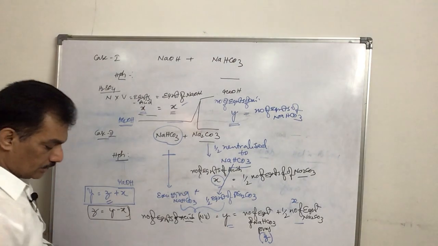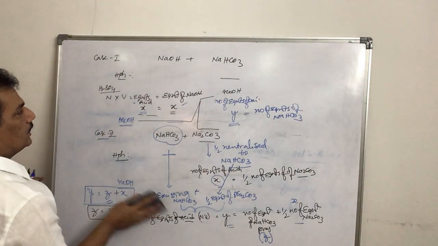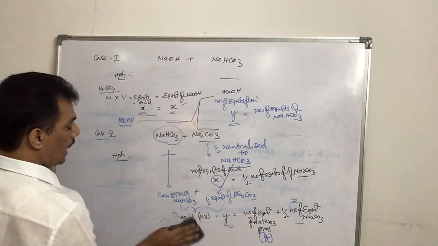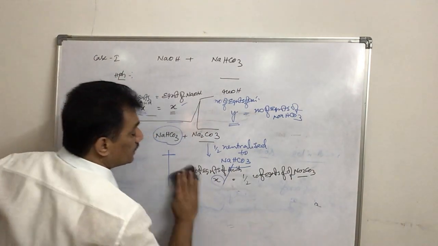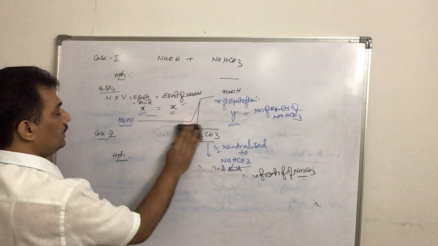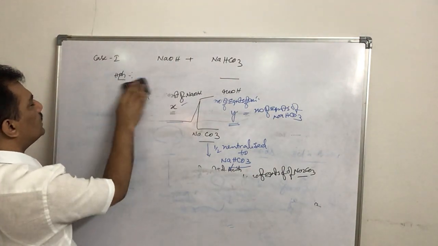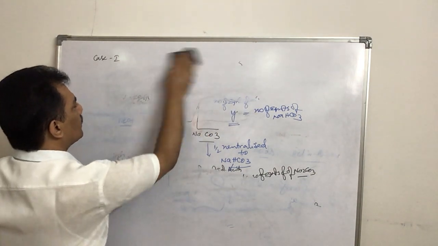Now in the last case, we consider the presence of NaOH and Na2CO3. That is the third possible combination. Let us see what happens. I think with these two examples you can now easily compute such mixtures also.